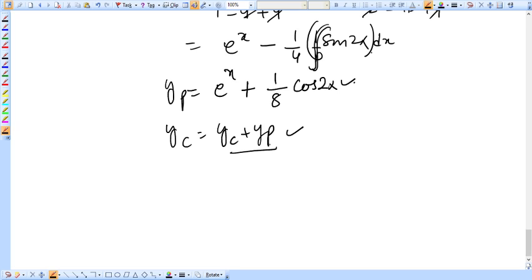You just write it by yourself. I have found this yp and yc. You just write the complete solution now. So one last problem now on this rule, then we will be doing rule 3.